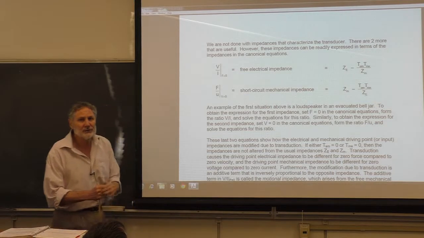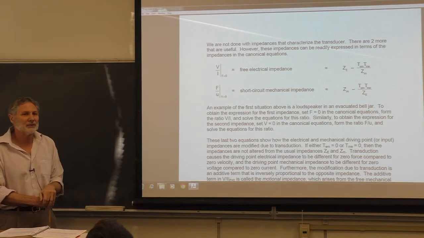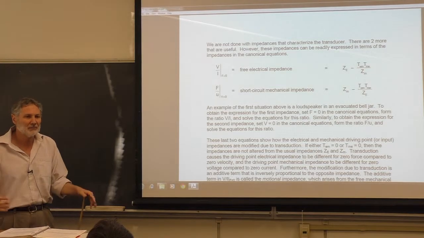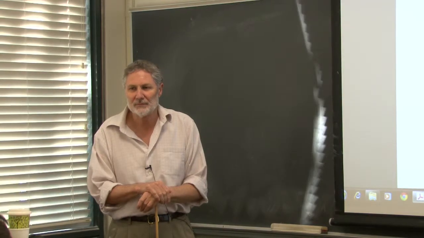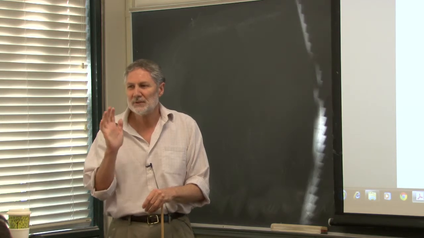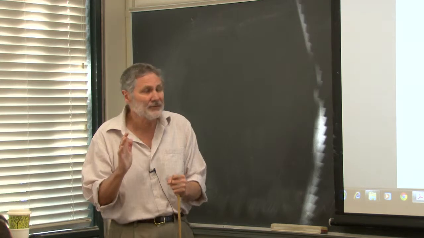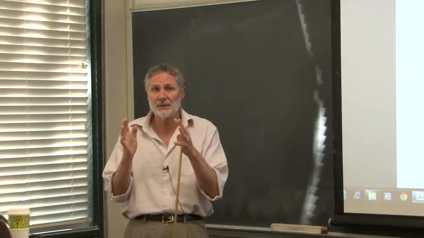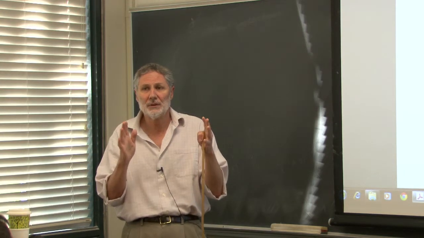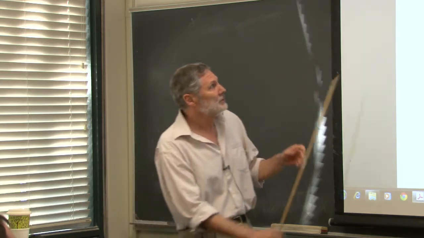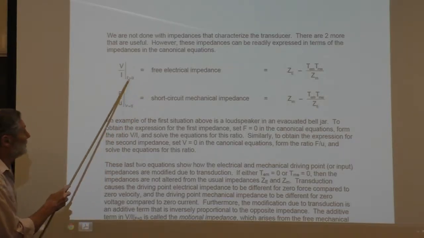So a free transducer is one where there's no force. An example: take a loudspeaker, put it in a bell jar, and pump it down. A loudspeaker in a vacuum. What's the force? Now this F here is the force due to the fluid, the force of the fluid on the radiating surface. There's no fluid, it's a vacuum. So free means no force.